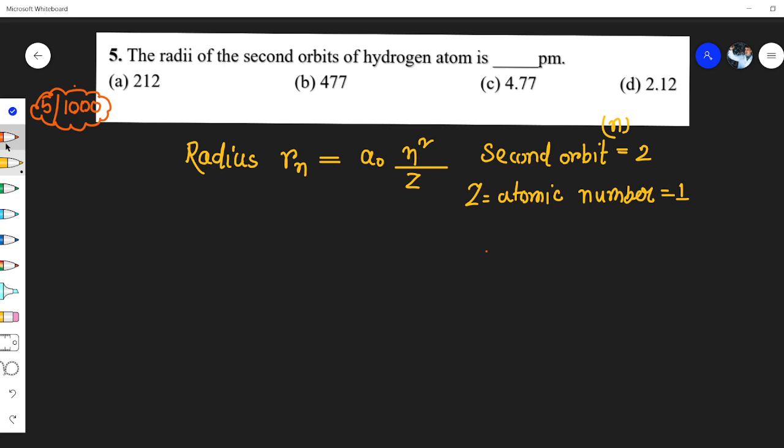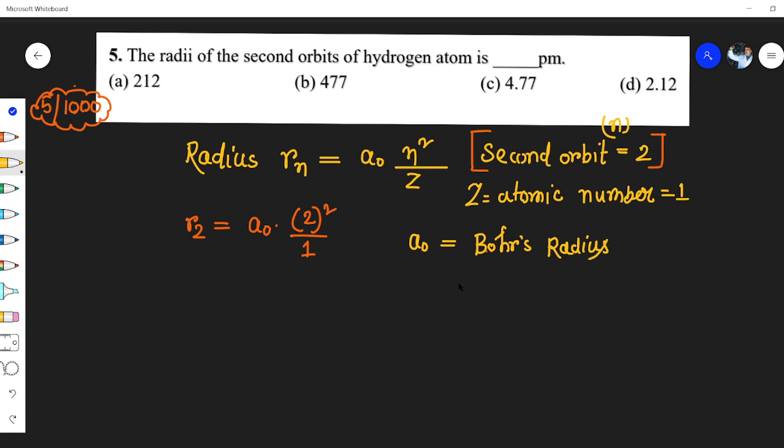Great. So now here you need to find the value of r_2, because you have been asked to find the radius for the second orbit. So r_2 would be equal to a_0 into n, whose value is 2, so 2 square divided by 1, right? Great. So now you know the a_0. What is a_0? a_0 is the Bohr's radius. What is the value of the Bohr's radius?